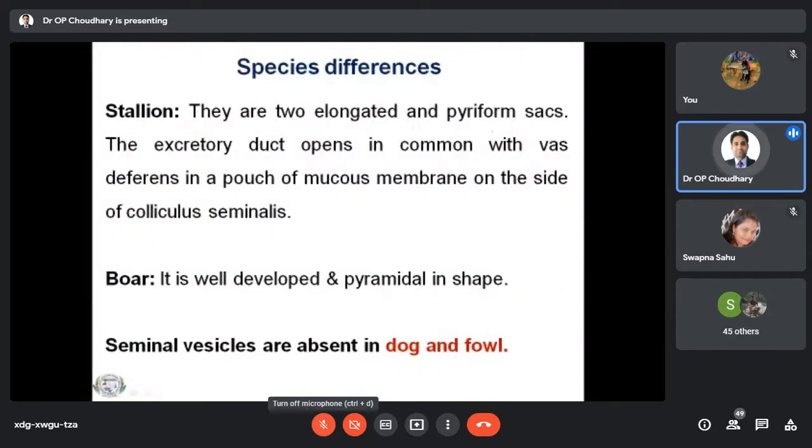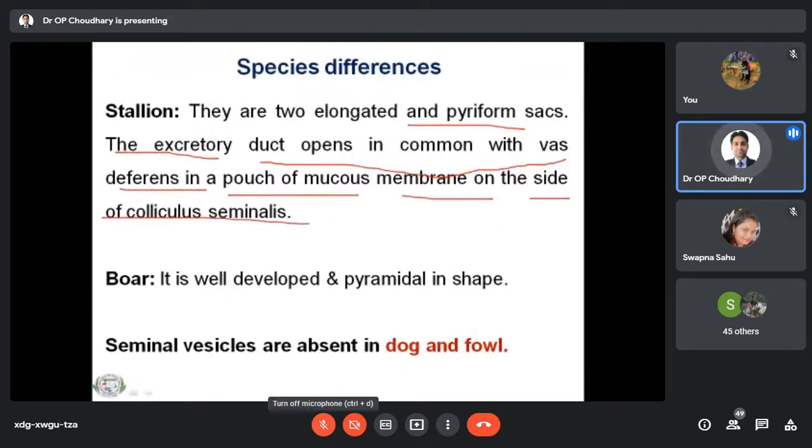Then what are the species differences? In the stallion, there are two elongated pyriform sacs, and the excretory duct opens in common with the vas deferens, in a pouch of mucous membrane on either side of the colliculus seminalis.